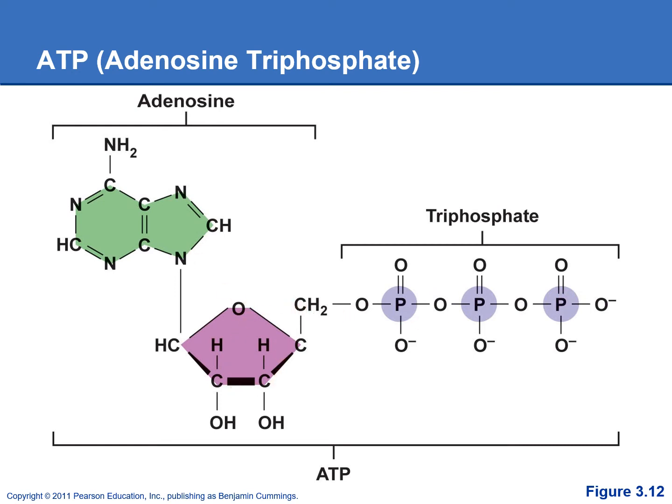So ATP is actually an RNA nucleotide. If you're looking in RNA and you see the A's in there, that's actually ATP. Where the energy is stored in ATP is in the covalent bonds joining the phosphate groups together. That's where all the energy is stored.